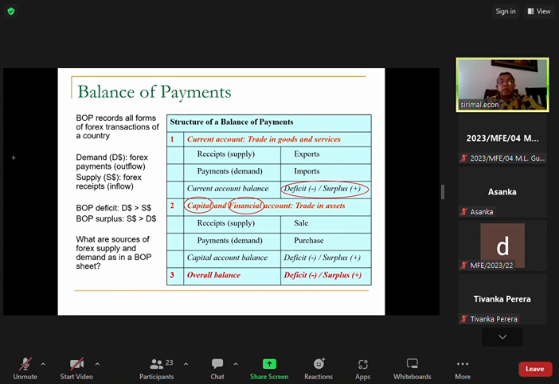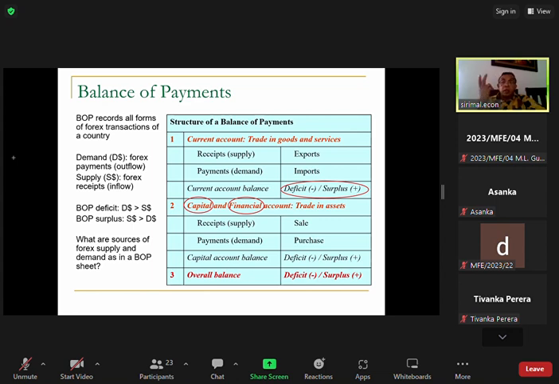So when we sell our companies to foreign entities, that is a capital transaction. When we sell a piece of land, when we sell our Hambantota, those are real transactions. And then we have the financial account for financial transactions. What are the financial transactions?